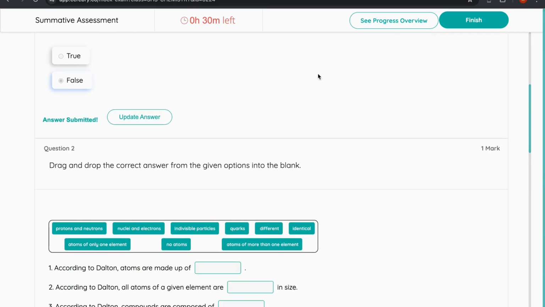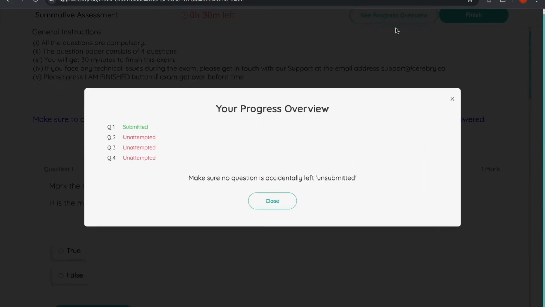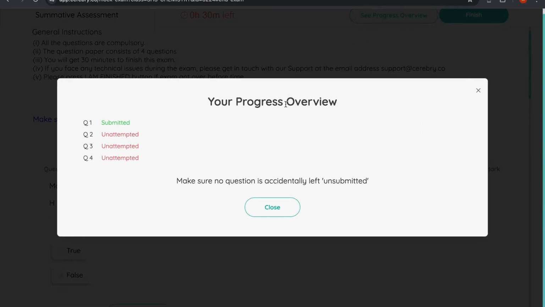The student can also see the progress of each question, either submitted or unattempted, using the progress overview button. This helps make sure that no question is accidentally left unsubmitted.